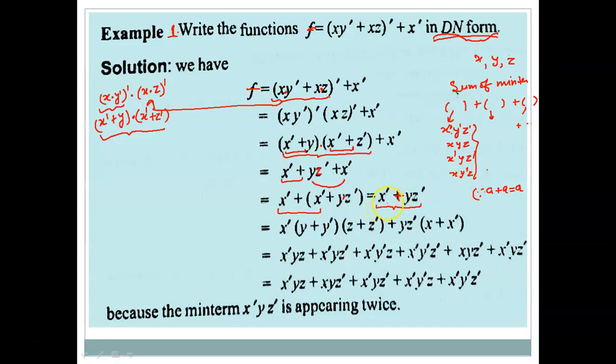In the simplified form, at the first step I am having only one variable, that is x complement, and at the second step I am having two variables, y and z. So how to introduce the other variables at this step? You know by the complement law that y plus y complement is equal to 1. So we can write it here, dot y plus y complement. Further, we can also write z plus z complement.